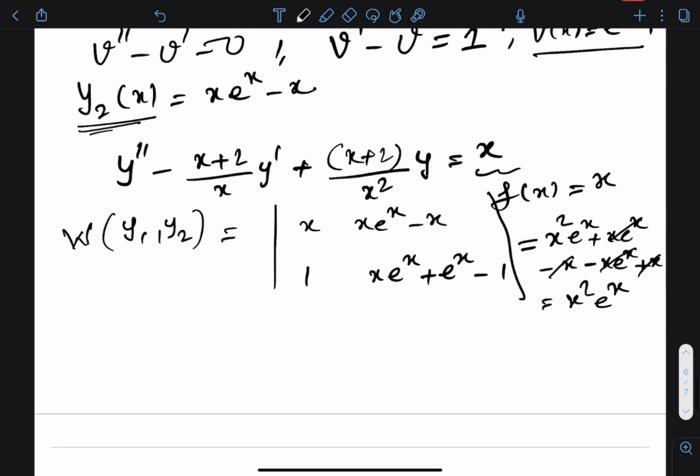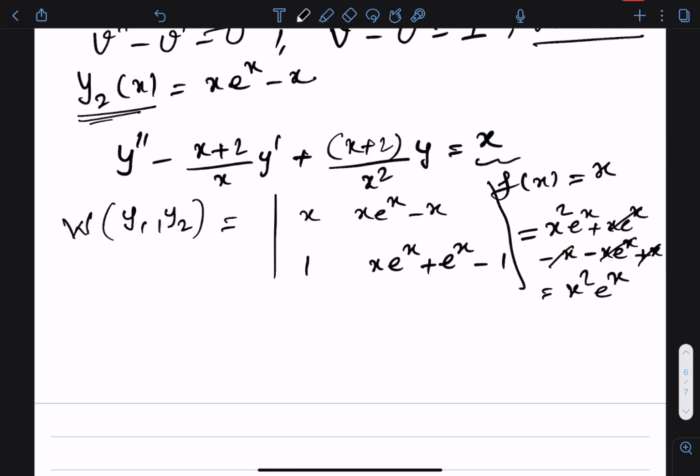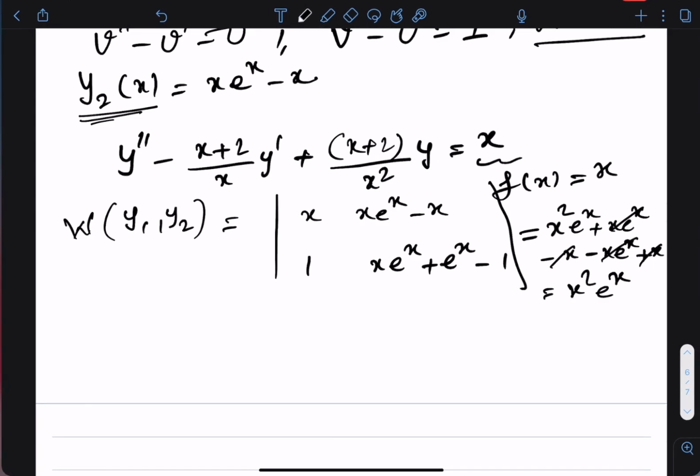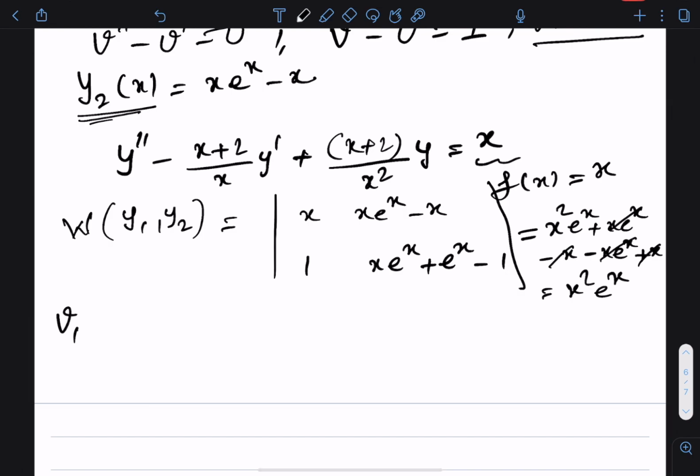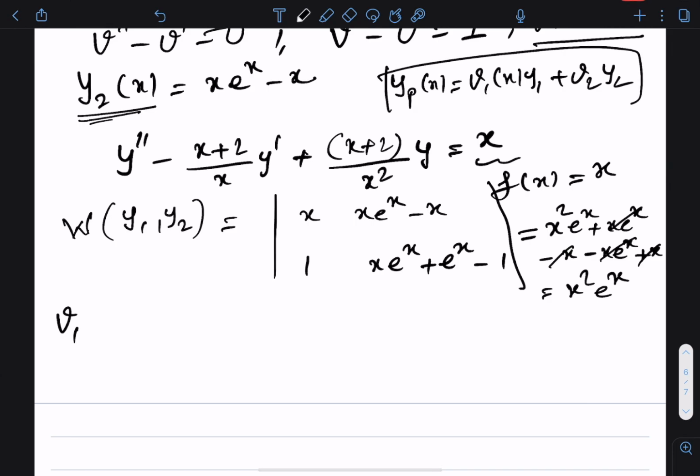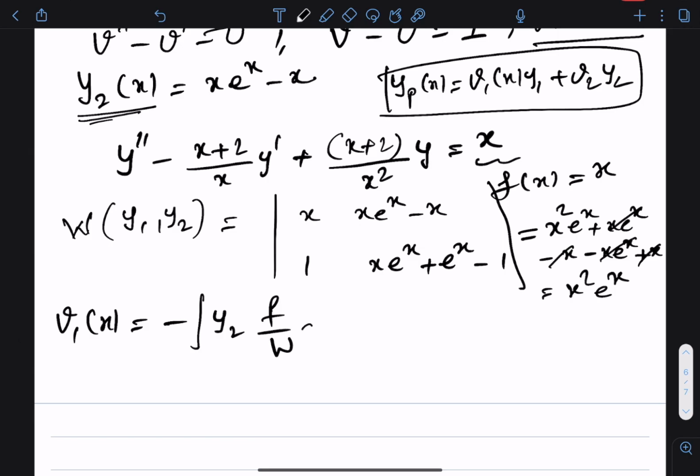So now in the lectures we have computed the formula for v1 and v2, right? Because in the method of variation of parameters, what do we know? We look for particular integrals v1 and v2 such that v1 y1 plus v2 y2 is a solution, right? So the formula for v1 is minus integral y2 f over Wronskian dx.